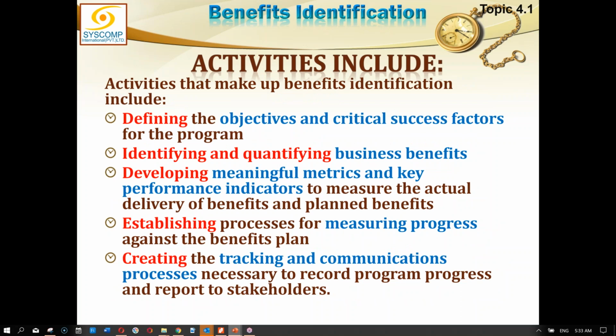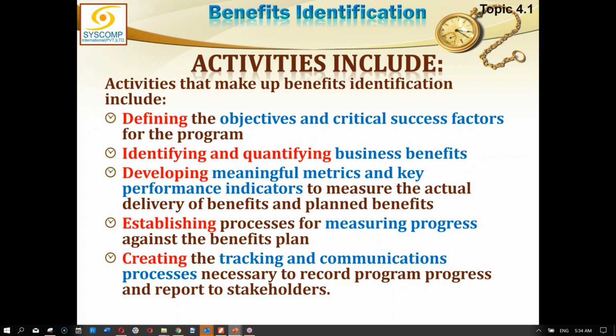So, what are the activities involved in benefit identification? As we understand, we have already talked about the basic purpose: to identify the benefits, put them into a benefit register, and write a little bit of detail about each identified benefit, like how you qualify it, right?